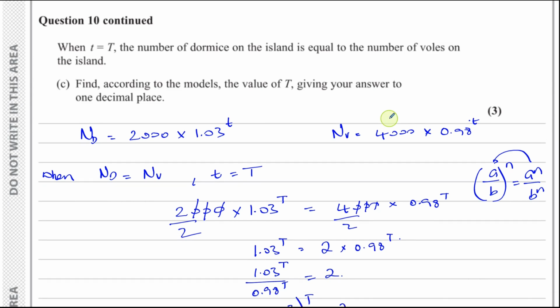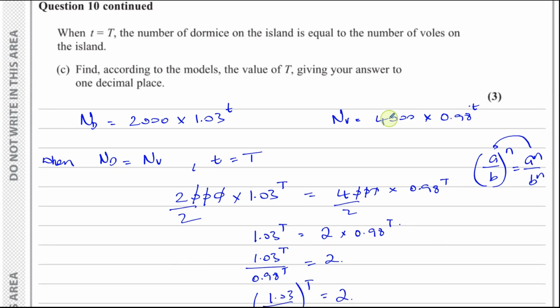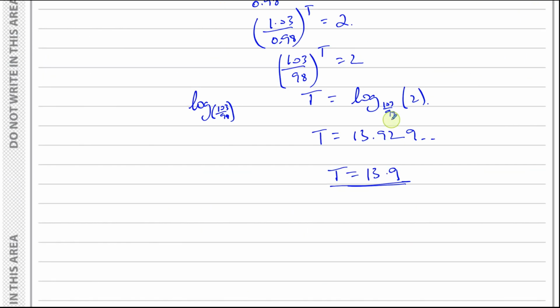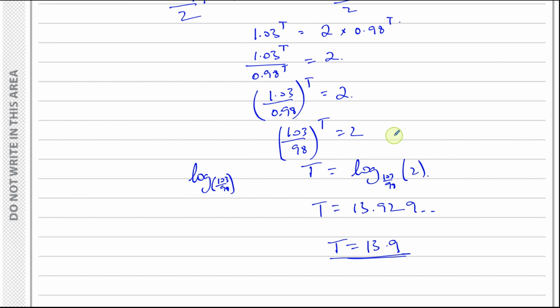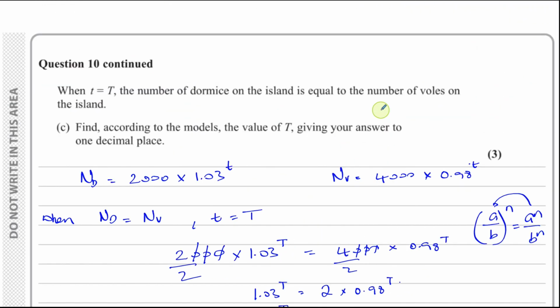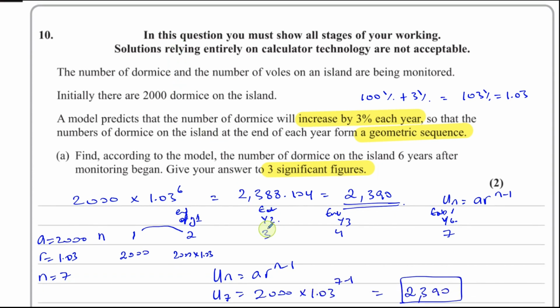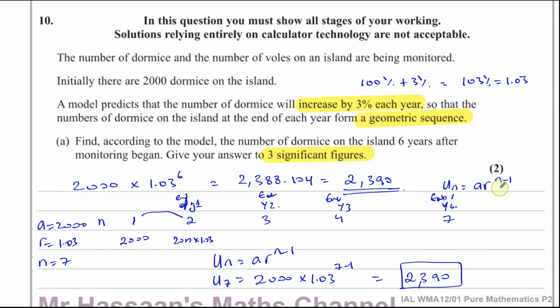That's all they want, the value of t, and they want it to one decimal place, so the answer is 13.9. So there's your answer to this question. Again, this is the type of question you have to be very, very careful of because of this whole issue of the value of n in our formula and after how many years.